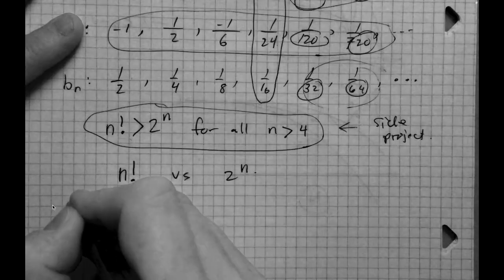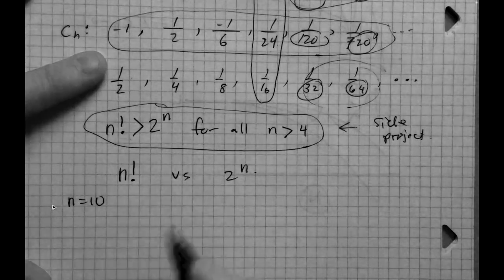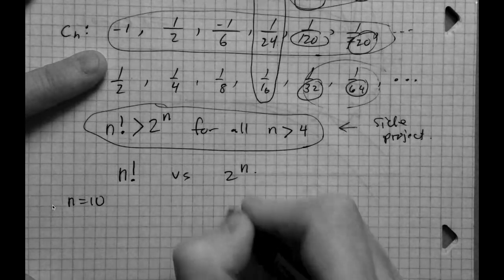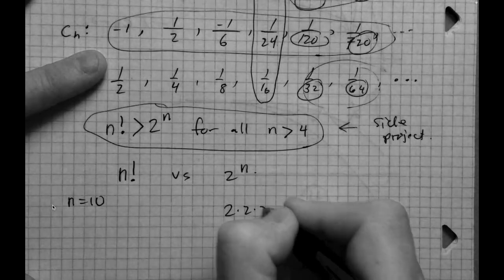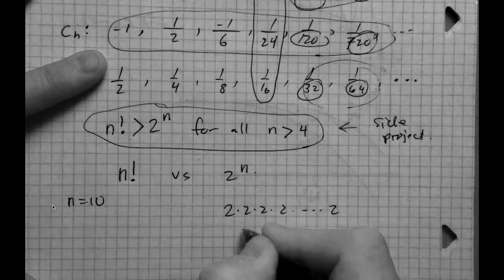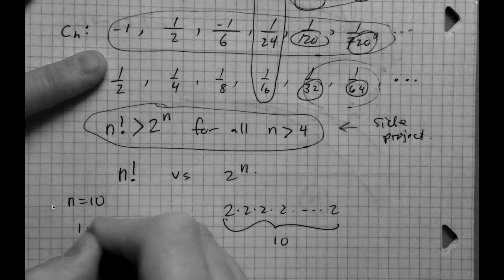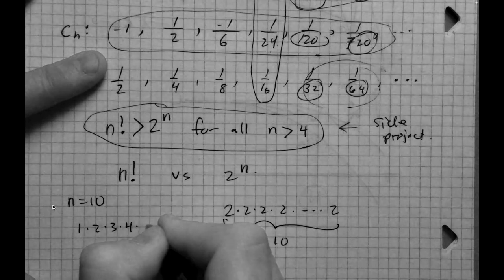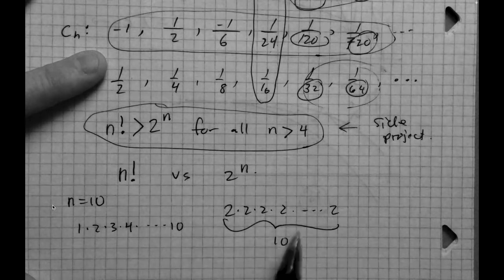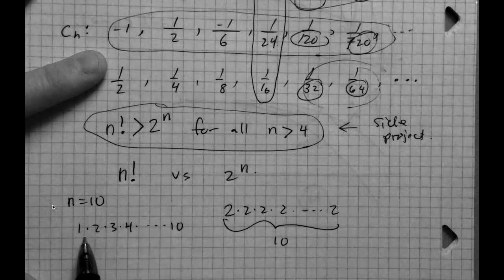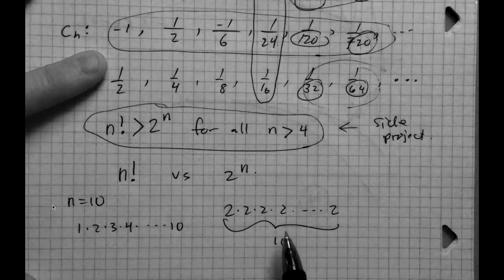Let's just say n equals 10. Over here, what does 2 to the n mean? It means 2 times 2 times 2 times 2, 10 times, right? What does it mean over here? It means 1 times 2 times 3 times 4, up to 10, right? 10 things in this product, 10 things in this product.